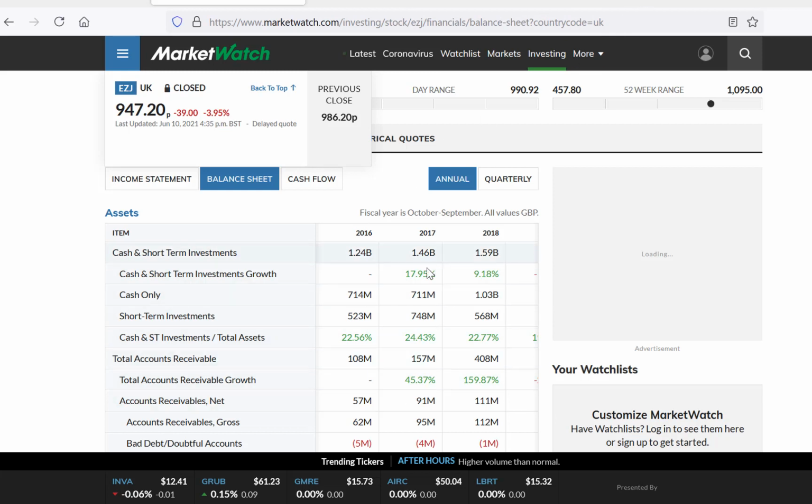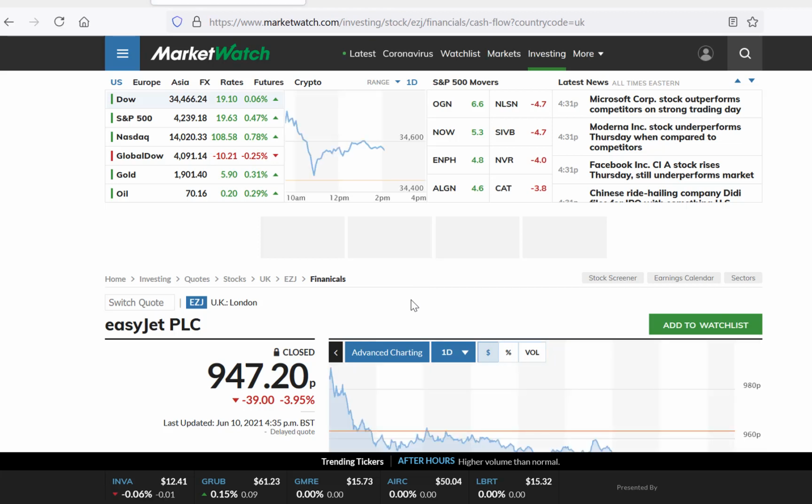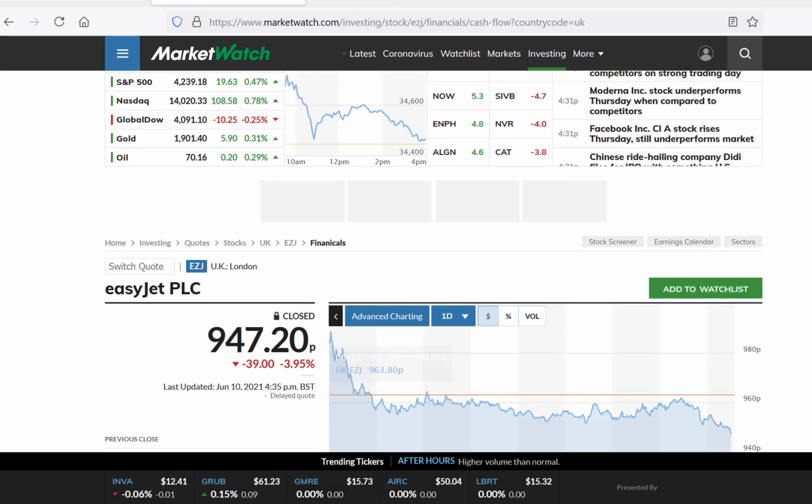Now it says B for billions, M for millions, and I made a little not so complicated UDF, user defined function, that fixes all of that. Okay, and then you can get the cash flow, and you can get it quarterly and everything else.